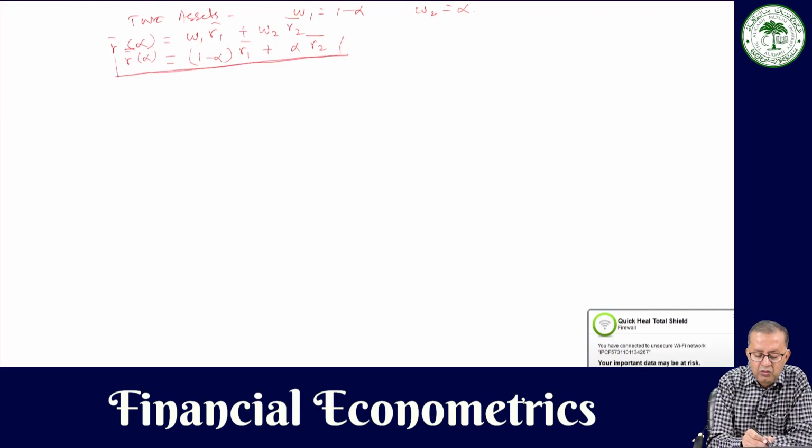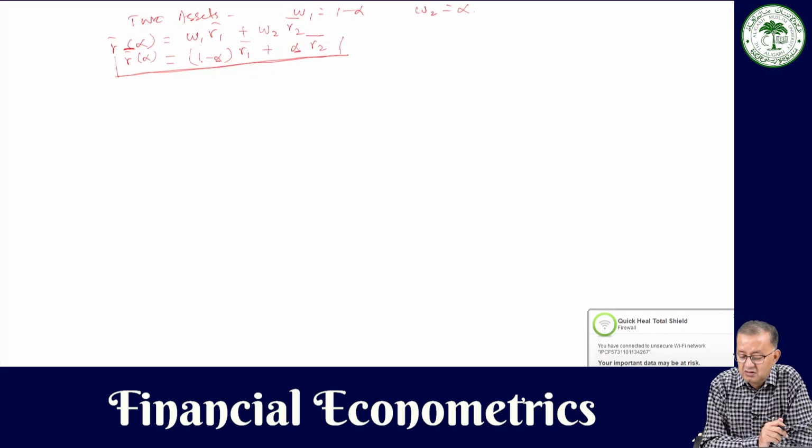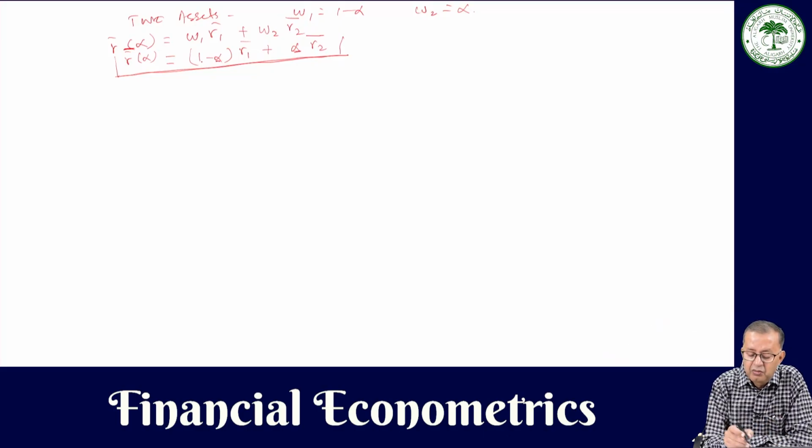The overall average return is a linear combination of alpha, clear? In other words, this is the weighted average of return on asset 1 and return on asset 2.